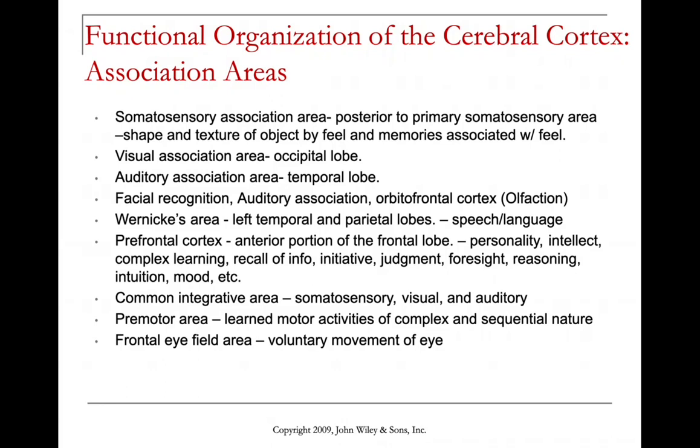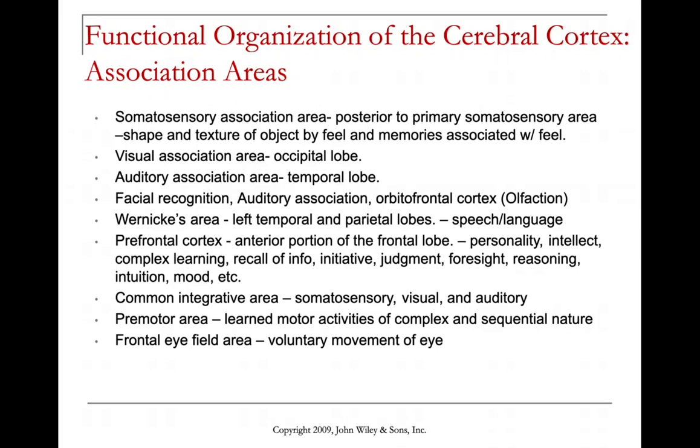The prefrontal cortex, the anterior portion of the frontal lobe, here is where you're going to have personality, intellect, complex learning, the recall of information, initiative, judgment, foresight, reasoning, intuition, mood, several of those types of things. In the common integrative area, this is in the somatosensory area, visual and auditory areas.